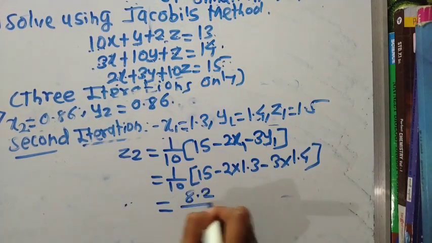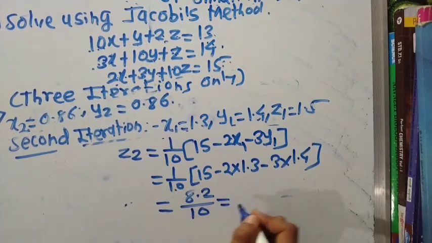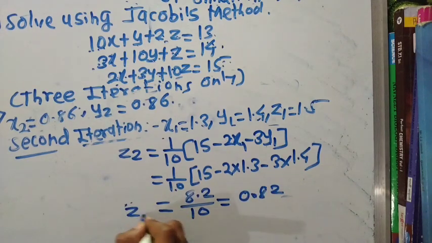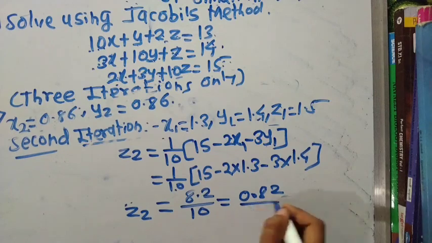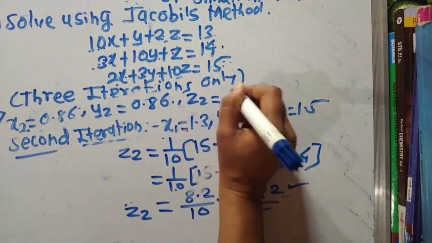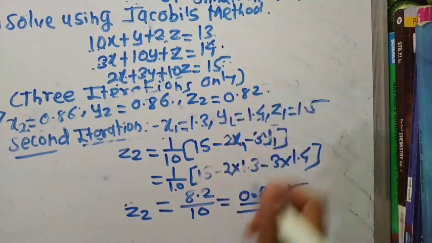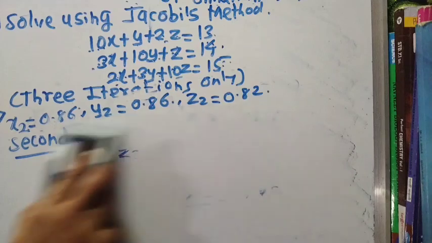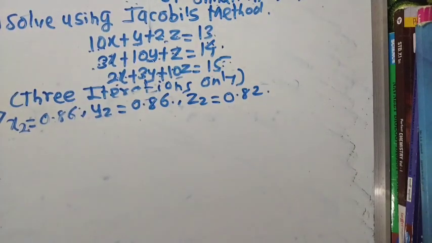So 8.2 divided by 10 is equal to 0.82. This is z2, 0.82. Then find out the third iteration.